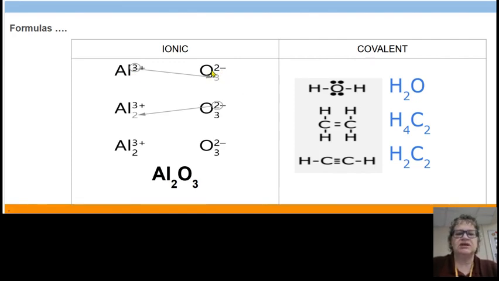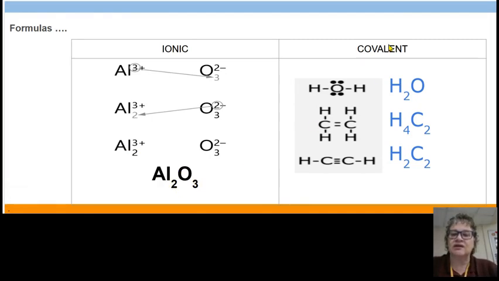To bring them close together, the 3 on the aluminum is going to go to the bottom of the oxygen, and the 2 on the oxygen is going to go to the bottom of the aluminum, right? That's our switch trick. And then we get rid of the pluses and minuses, and we just end up with Al2O3. Okay?